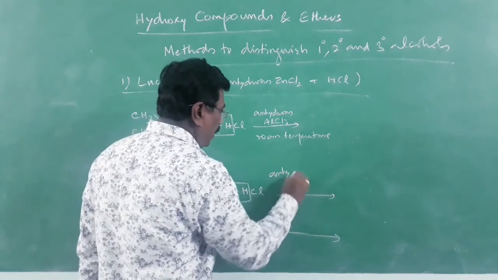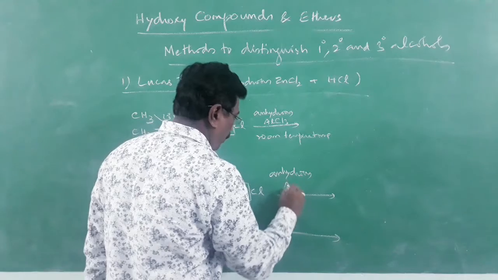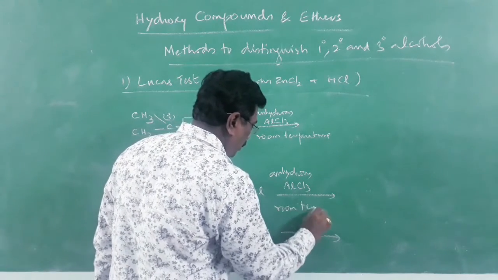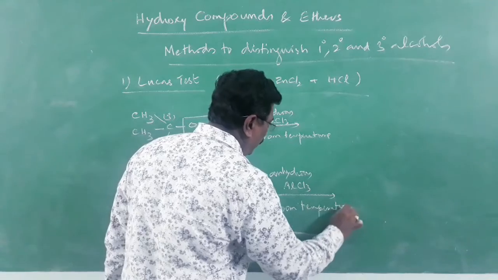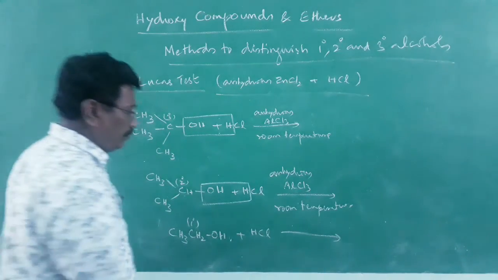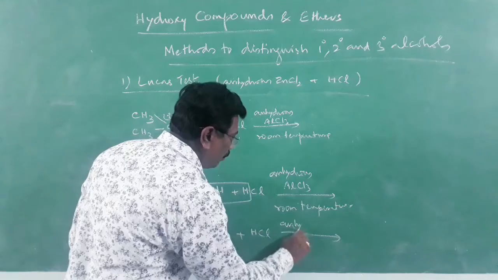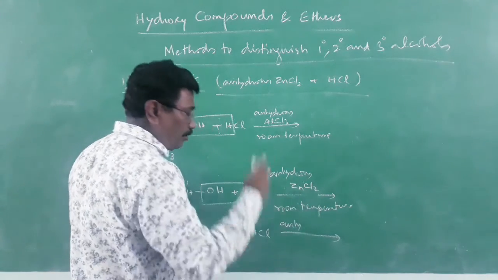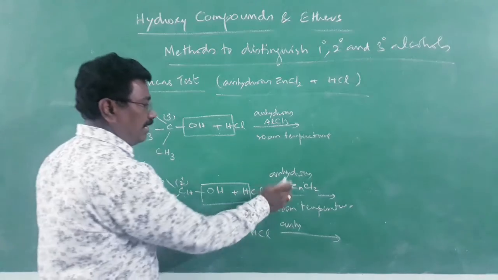Anhydrous zinc chloride, room temperature. See, I am writing again and again. Anhydrous zinc chloride is a dehydrating agent. Aluminum chloride is used in Friedel-Crafts reaction. Here it is dehydration.